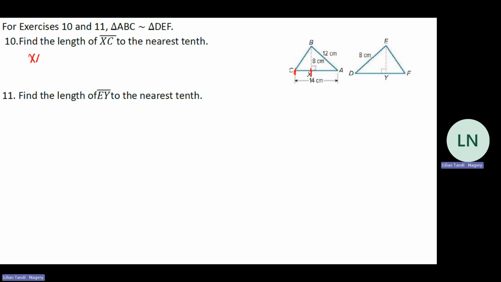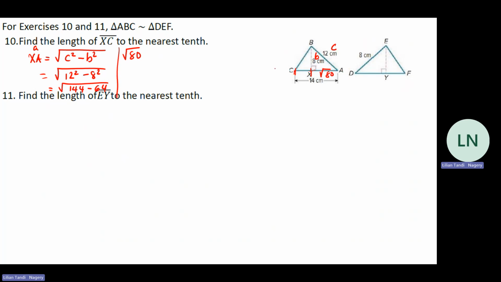XA equals, this is C and this is B. So A equals the square root of C squared minus B squared, which equals 12 squared minus 8 squared, the square root of 144 minus 64, which equals the square root of 80.